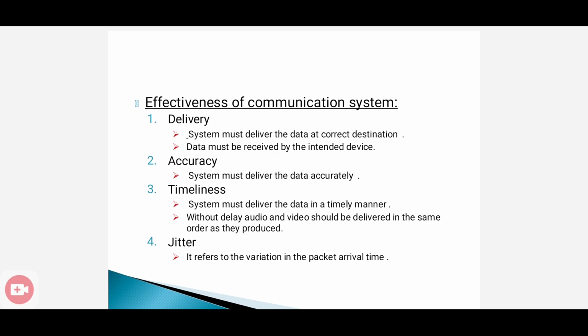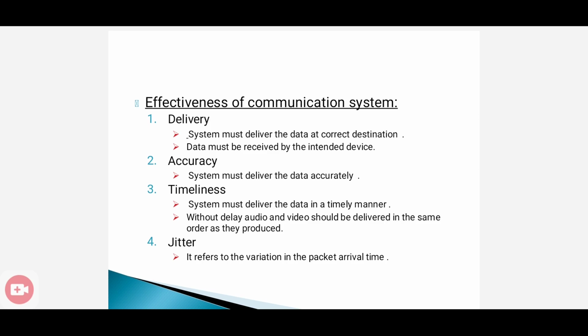Without any delay, audio, video or text message should reach the destination. That is timeliness. There should not be any delay in the data reaching the correct destination. And the fourth parameter is jitter.